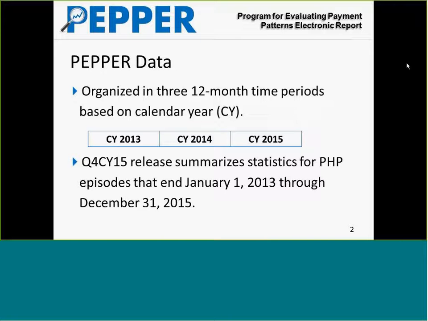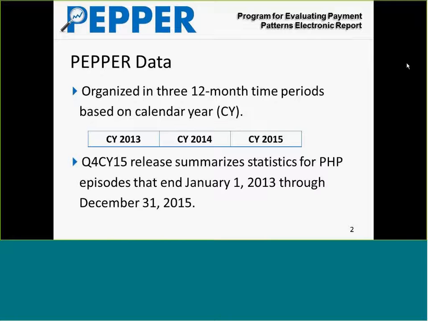Each time we produce a new PEPR, the oldest time period rolls off as we add the newer time period. And also, each time we produce a PEPR, we refresh the statistics. We go to the Medicare claims database and we download all of the claims data for those three time periods, and so all of the statistics are updated with each release of the PEPR.